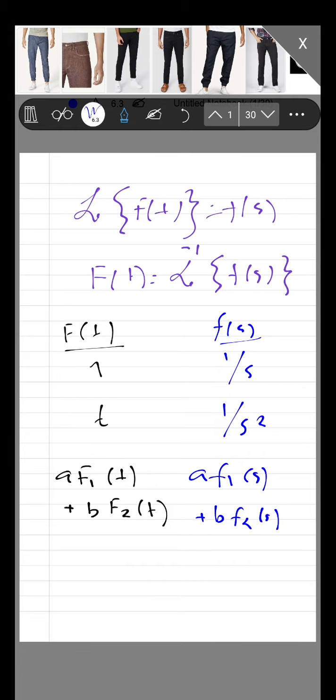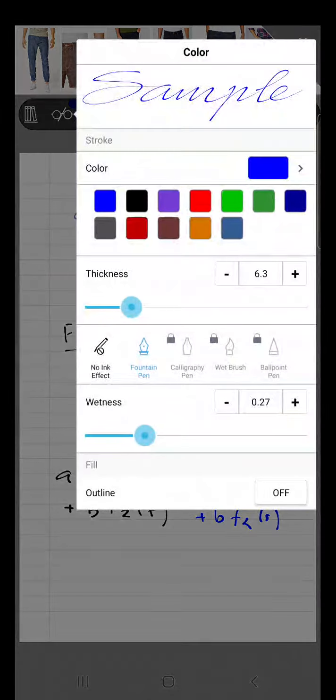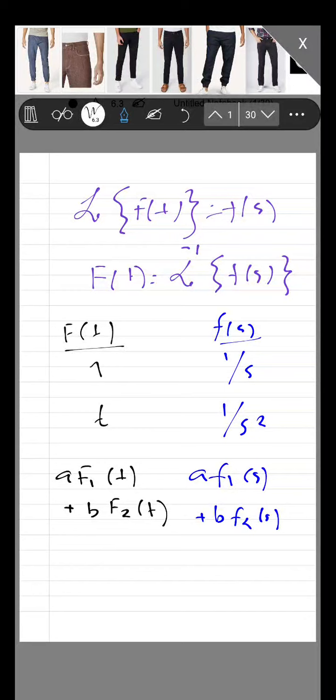And if the function is f(at), then the Laplace transform will be simply the function of F(s by a).